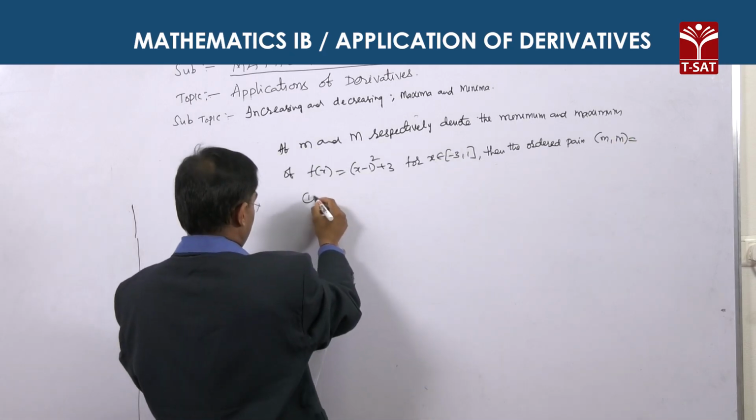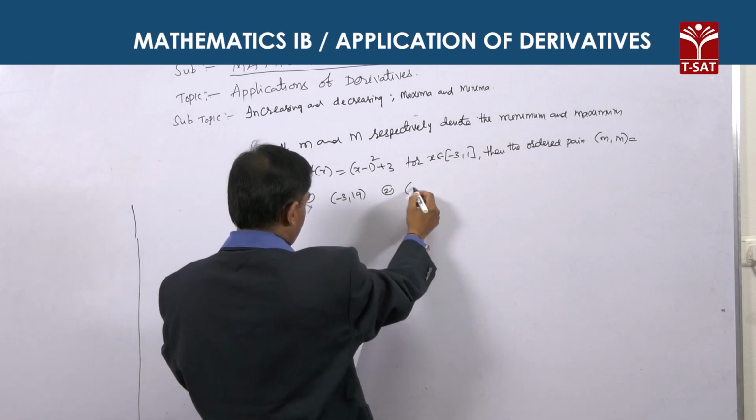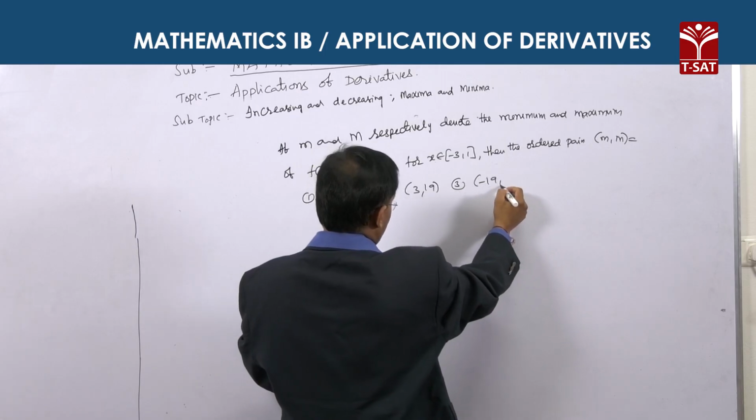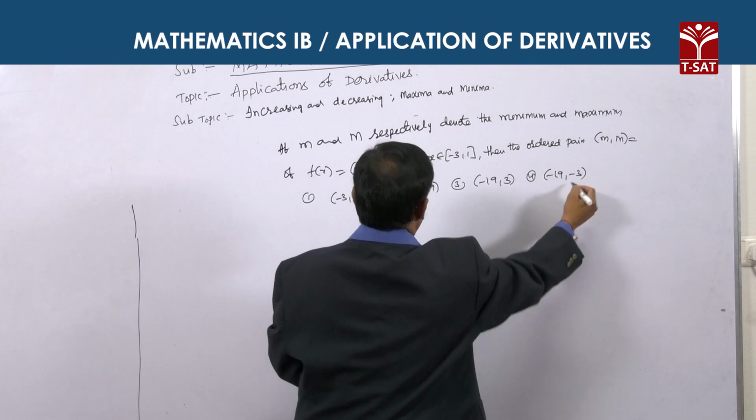The first response is minus 3 comma 19, second response is 3 comma 19, third response is minus 19 comma 3, fourth response is minus 19 comma minus 3.